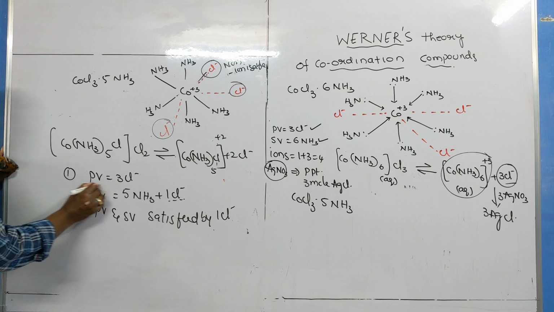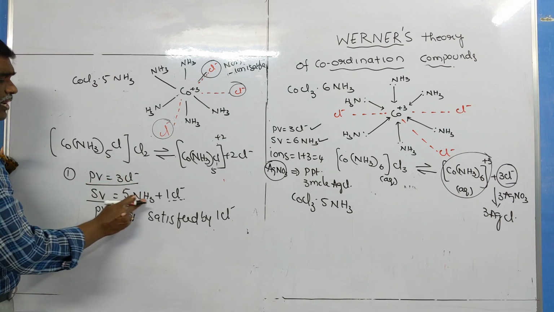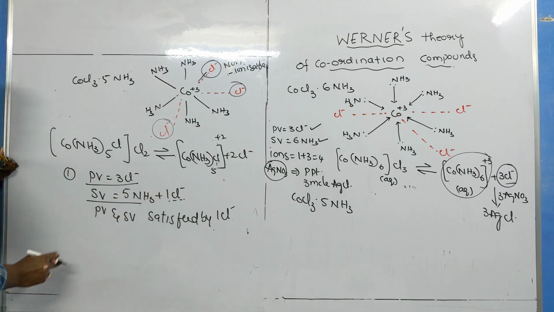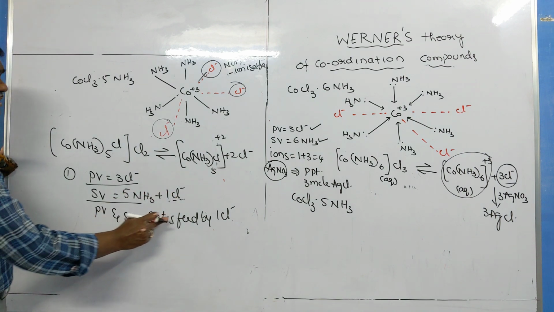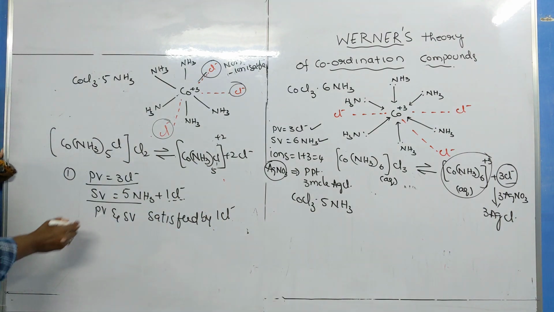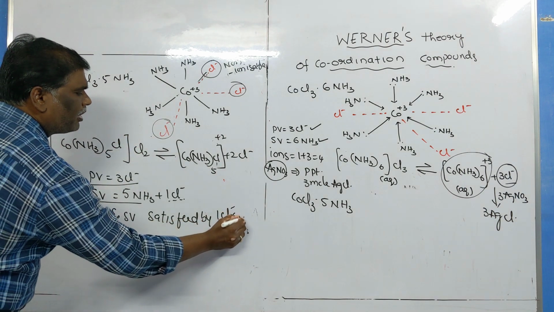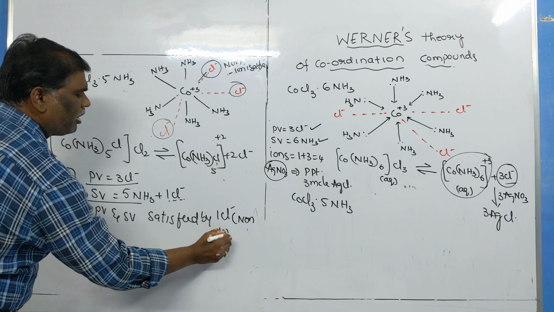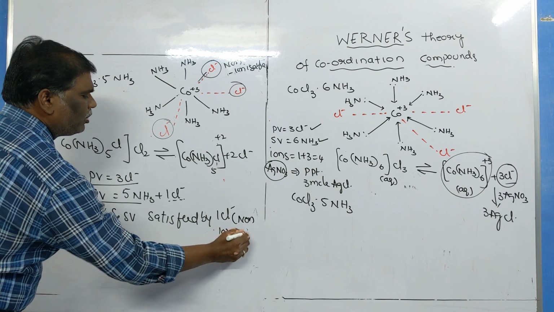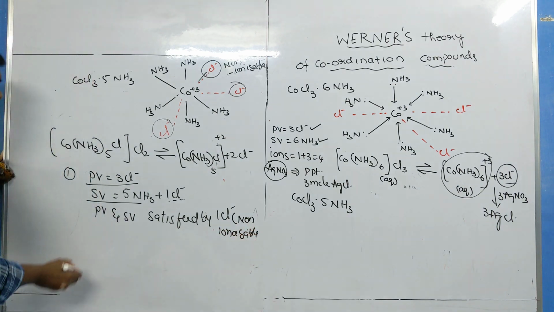Primary valency is satisfied by 3 chlorides. Secondary valency is satisfied by 5 NH3 and 1 chloride. Both primary and secondary are satisfied by 1 chloride. So this chloride is non-ionizable. Okay.